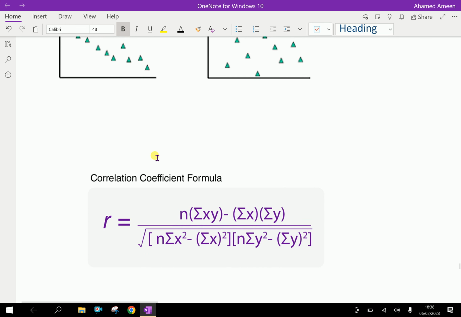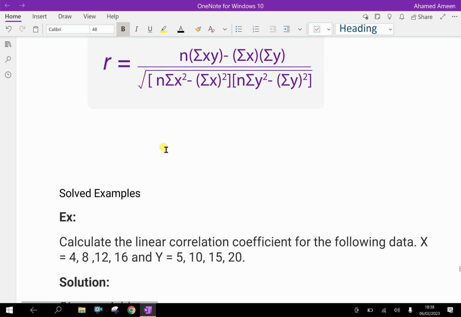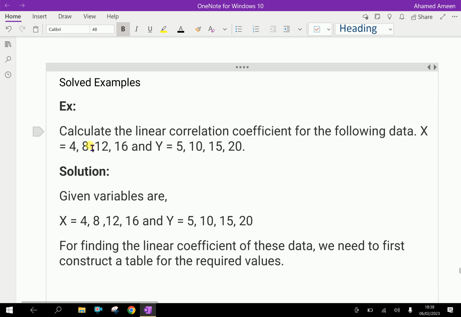Now we'll explain a problem on linear correlation. Calculate the linear correlation coefficient for the following data: x equals 4, 8, 12, 16 and y equals 5, 10, 15, 20.